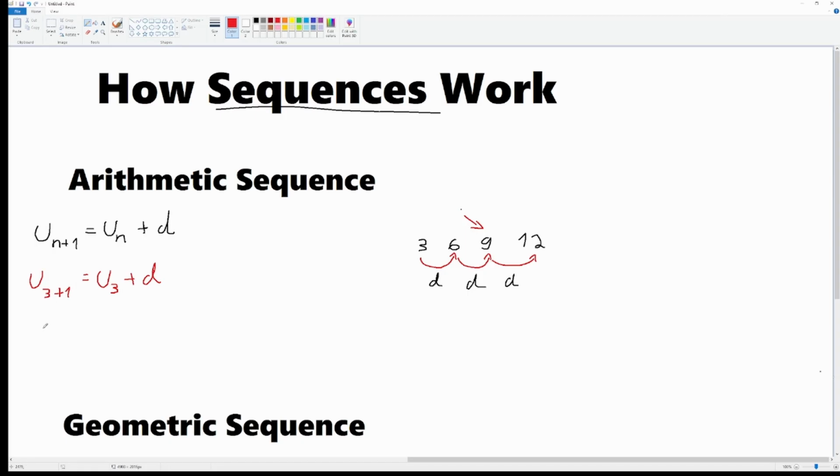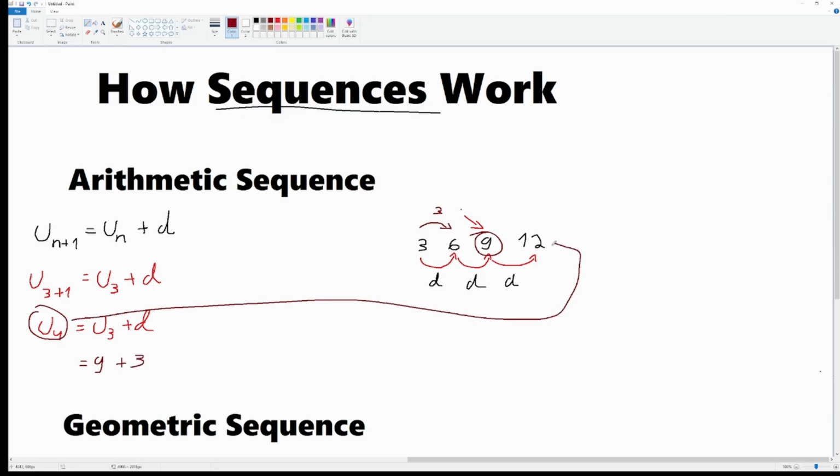So in this case, it is said that u4 is equal to u3 plus d. So let's take examples. For instance, our u3 is 9, and we know that d is 3 because it goes up by 3 each time, and our u4 is equal to 12.